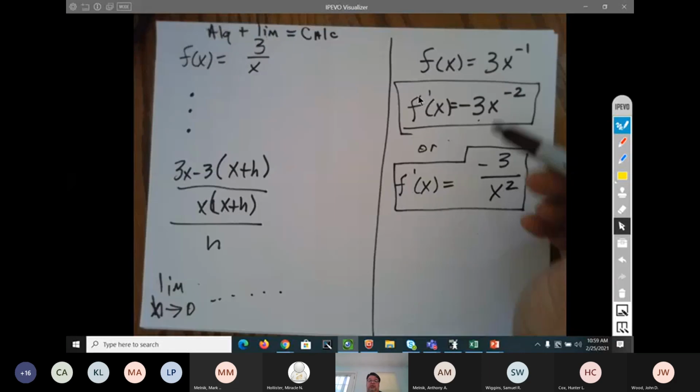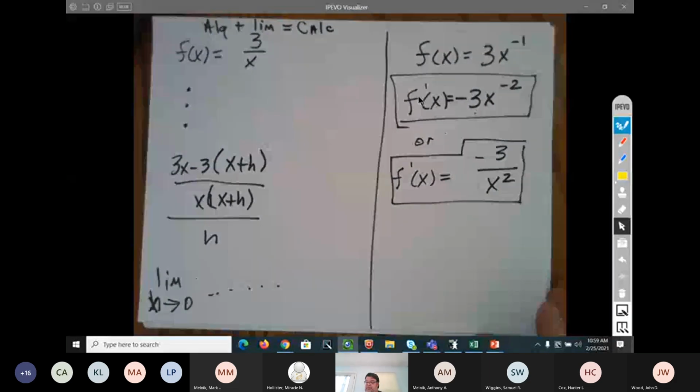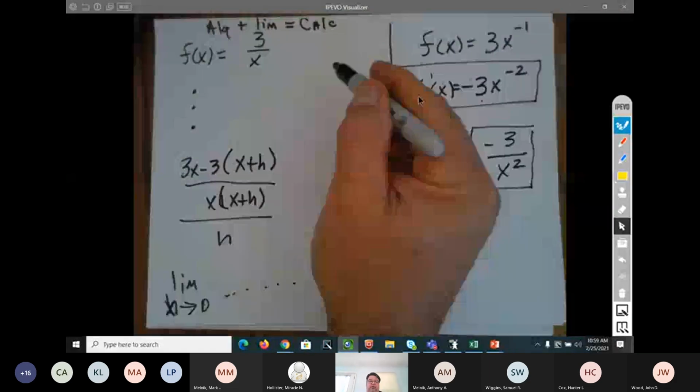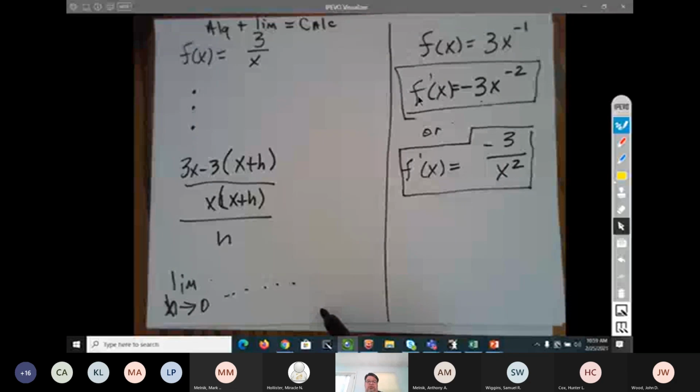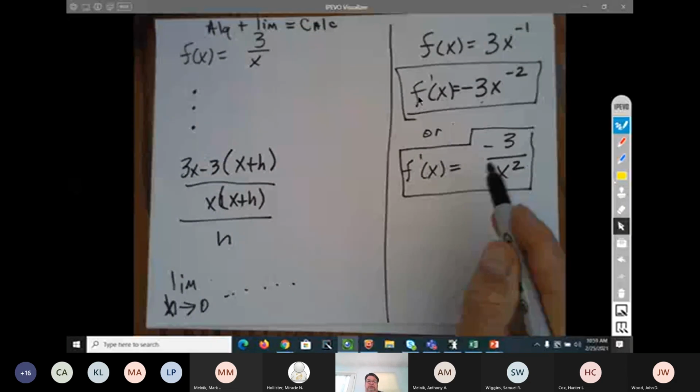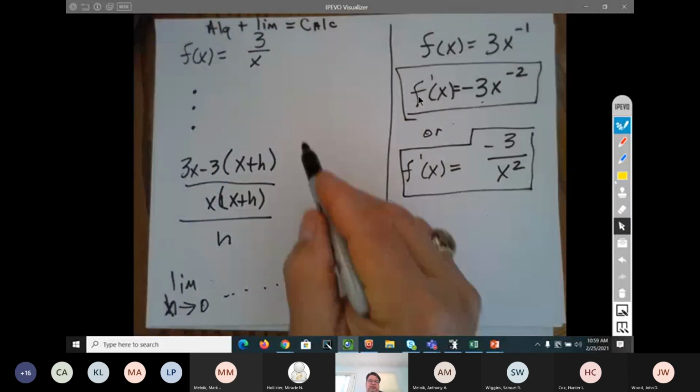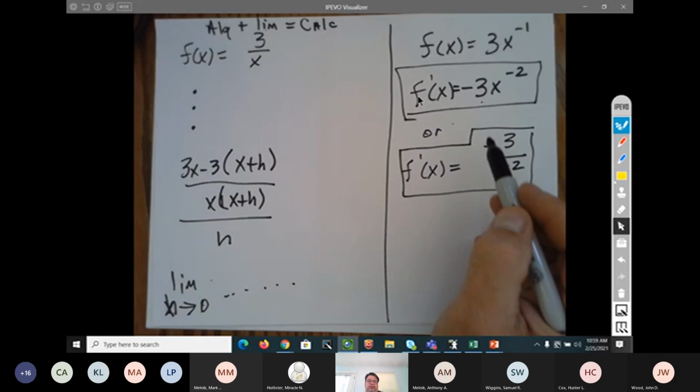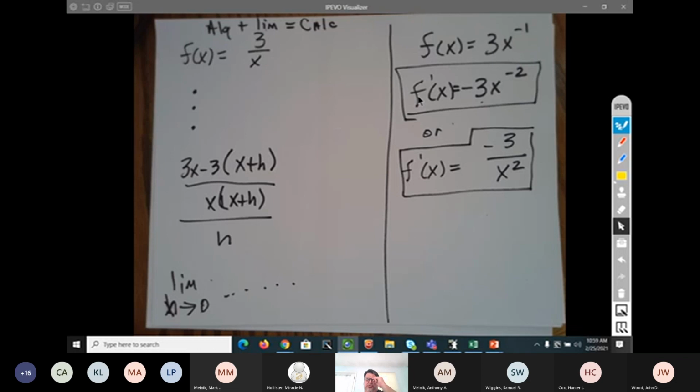I just did it in one step instead of doing all of this stuff over here. So this is where we're going. We're going to leave this behind, and we're going to be doing this on the test. That's where we're going. In what chapter are we? 1.4 and 1.5 and 1.6. We're going to be doing this.